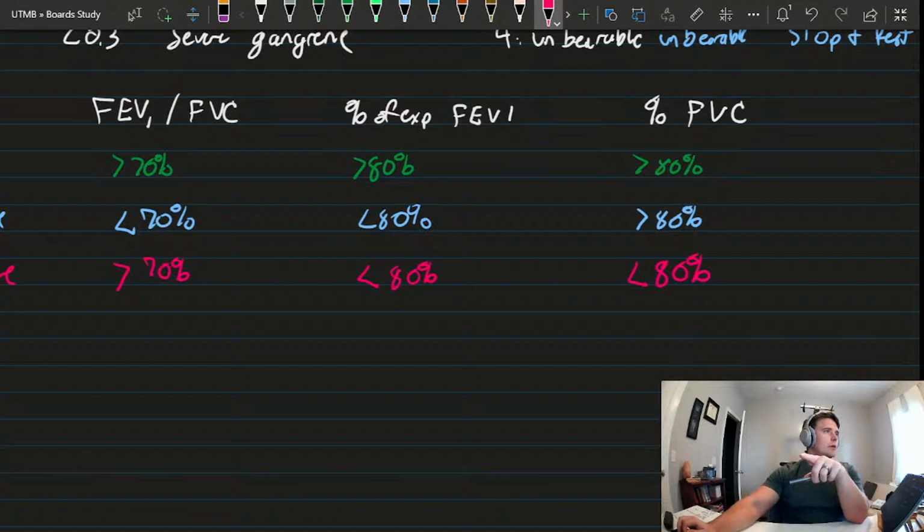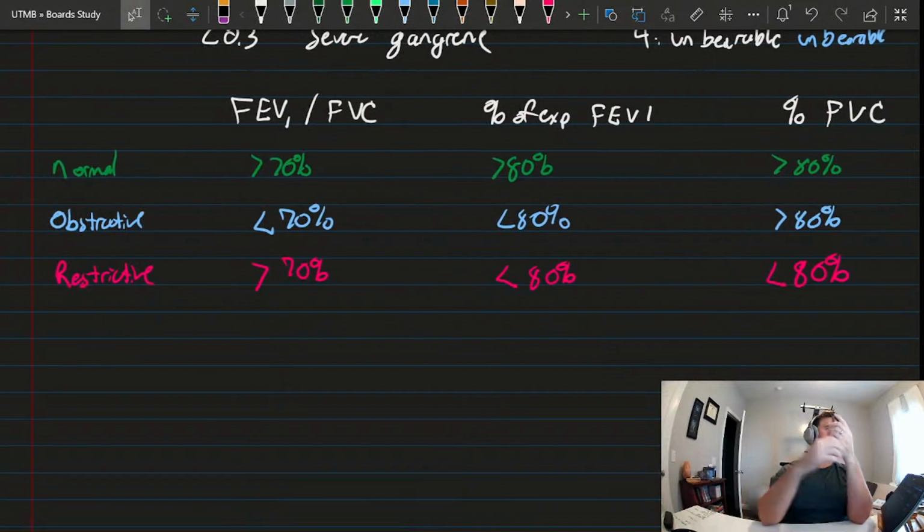So, sorry, the emphysema is still classified as an obstructive lung disease. So your restrictive lung diseases are your idiopathic pulmonary fibrosis, sarcoidosis. So it's just going to be your pulmonary fibrosis.